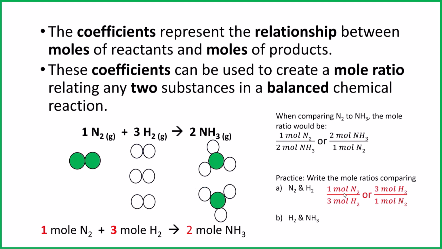So make sure that you are labeling these with moles of the correct substance. Make sure you're writing that substance on there. And then same here, 3 moles of hydrogen gas for every 2 moles of ammonia, or 2/3 in the opposite ratio.